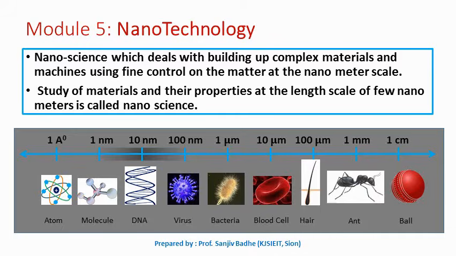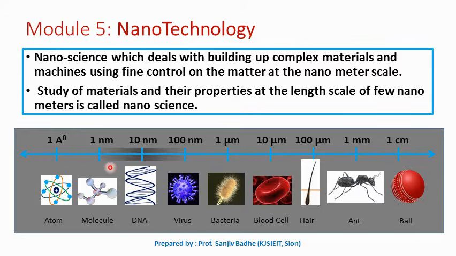Here is some comparison of sizes of different objects. A ball diameter can be measured in centimeters, size of an ant can be measured in millimeters, diameter of a hair is around 100 micrometers, size of a blood cell around 10 micrometers, bacteria around 1 micrometer, virus around 100 nanometers, DNA around 10 nanometers, size of the molecules is around 1 nanometer, and an atom is measured in angstroms, that is 0.1 nanometer.